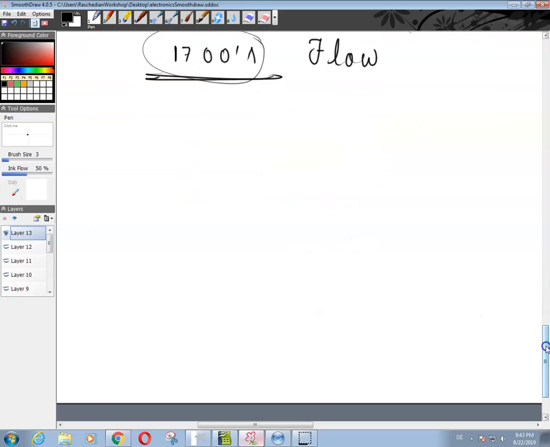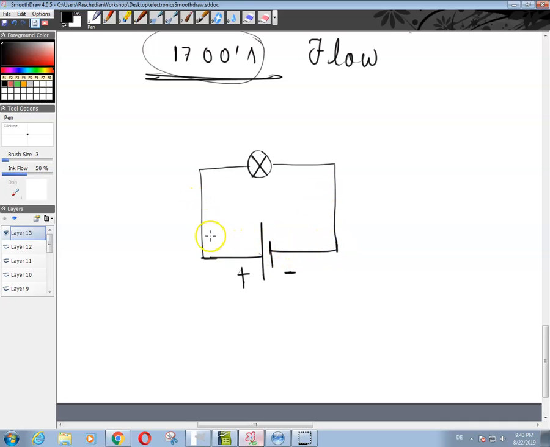Meaning that if you have a circuit over here, for example a lamp and a power supply, and if this is the positive pole of the battery and the negative pole of the battery, what we assume and work with is that the current is going through the circuit in this direction and not in this direction, which is actually wrong based on what's actually happening.